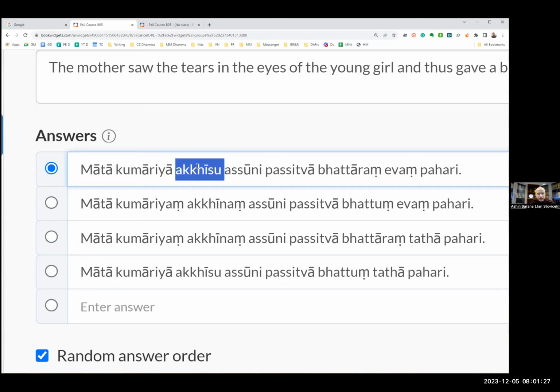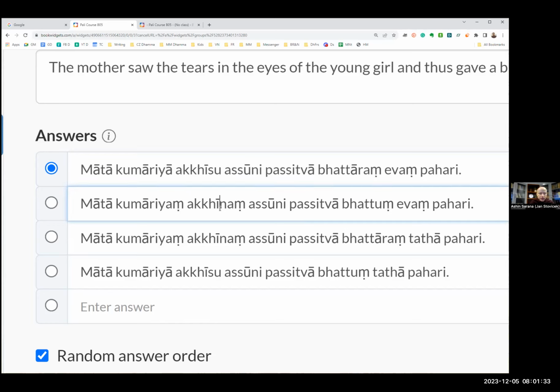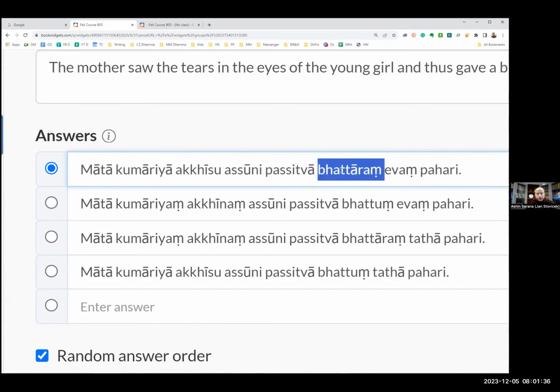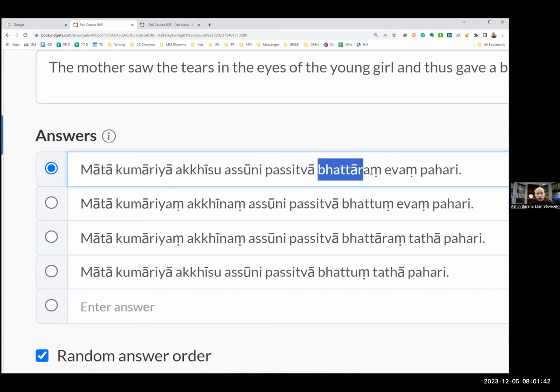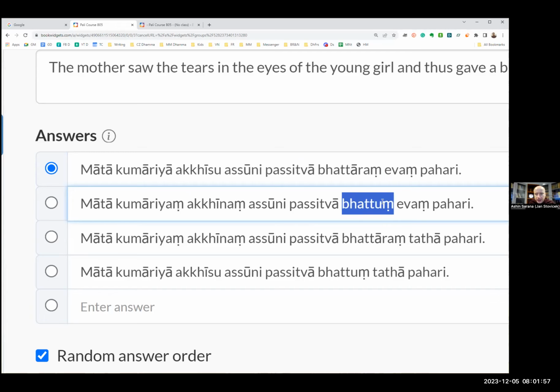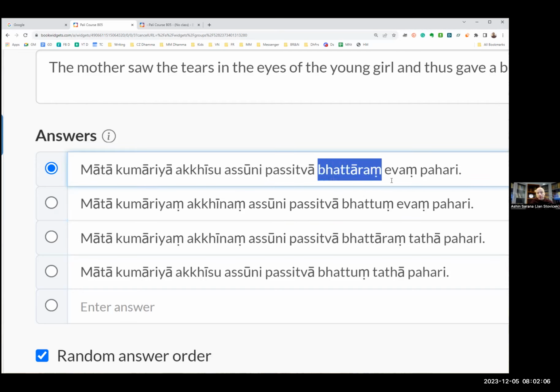Because the tears are in the eyes, we must use akkhisu. Akkhinan would be of the eyes. Sitva, bhattarang or bhattung. So here, because bhattaro is declined in the same way as nattā, the grandson, it must be bhattarang. If it was declined in the same way as bhikkhu, then of course it would be bhattung. All right. So be careful about noun groups 17 and 9. They look similar, but they're not.